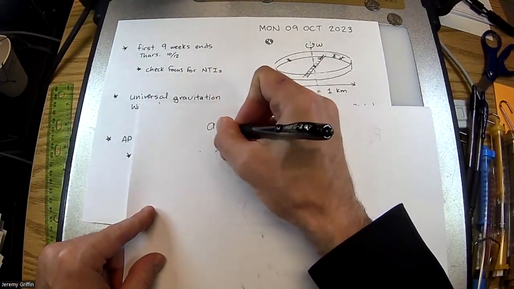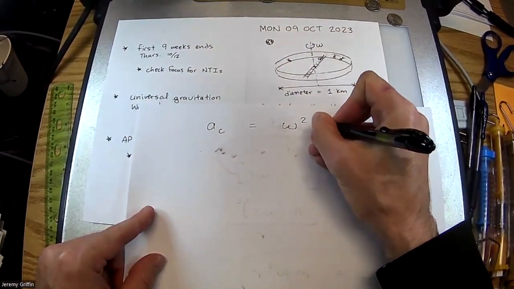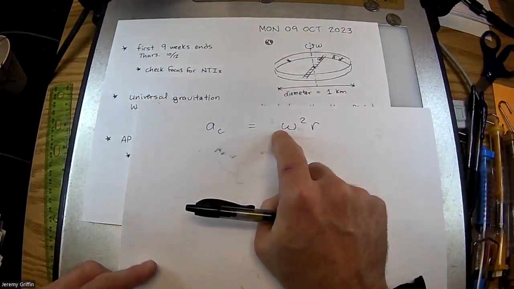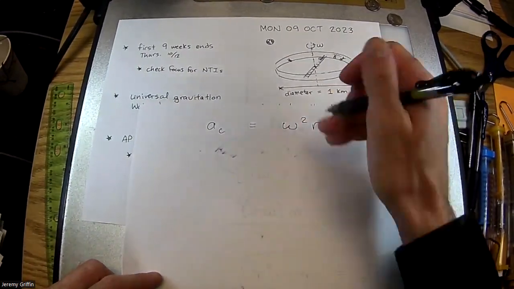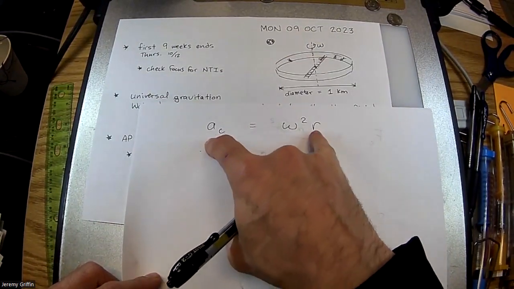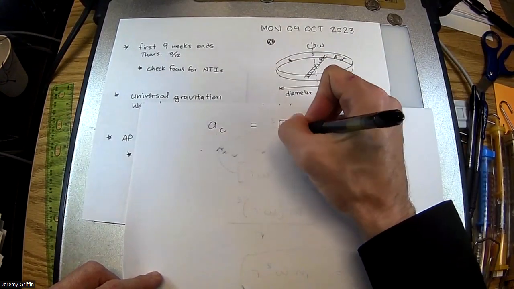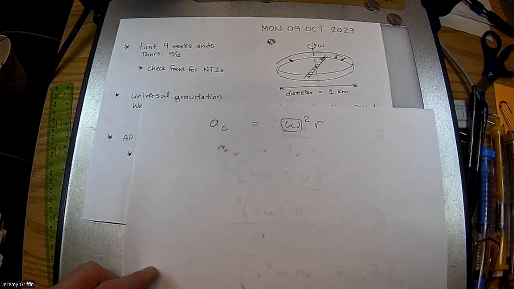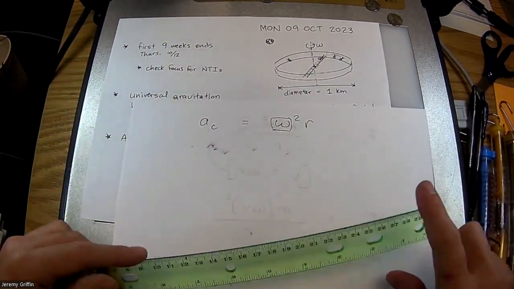Centripetal acceleration for a turntable or O'Neill cylinder could very simply be omega squared times r. How fast is it rotating, squared, times radial size. And maybe I have a target value for this, and I'm solving for how fast it is rotating.